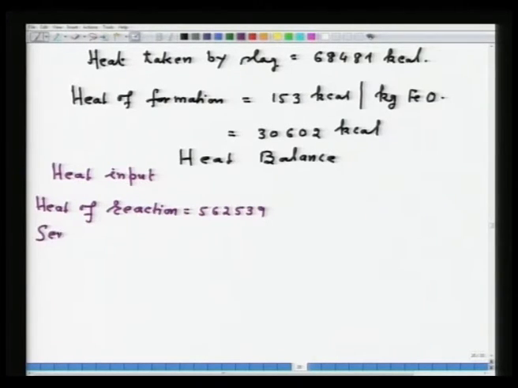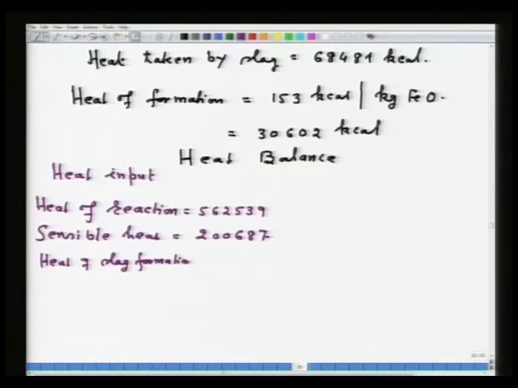Then sensible heat, 00687. Then heat of slag formation, that is equal to 3602. So, the total will be 793828, it is all in kilocalorie.